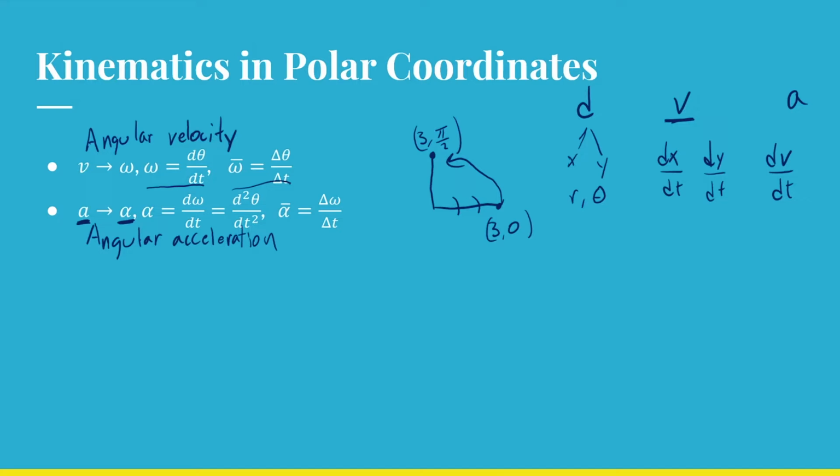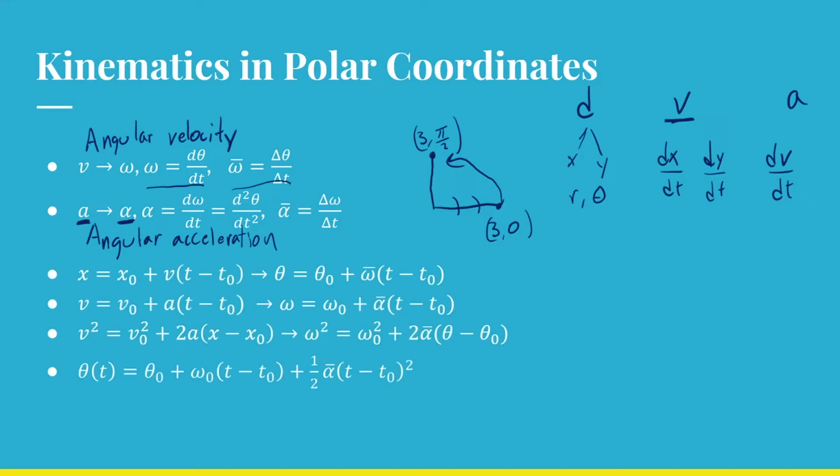So just like before, where we had our kinematic equations, we can transfer them to the angular versions of them. The four equations, well, these equations should look very, very familiar. We did them in Unit 1. They can be written in terms of our angular, our polar coordinates, and they're basically the exact same.